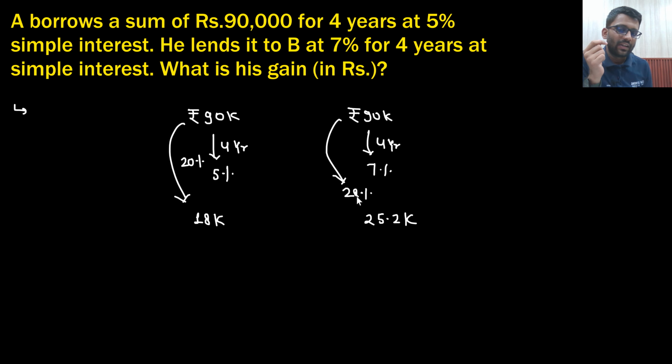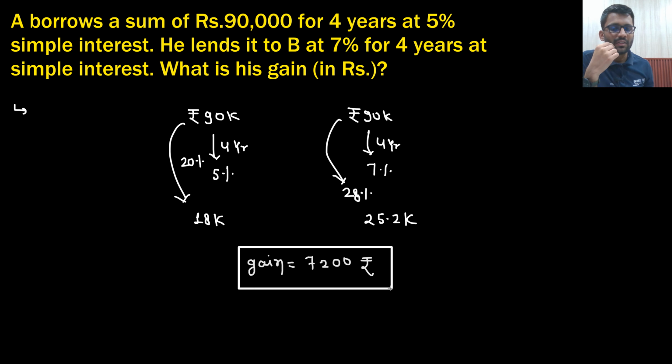So he is paying 18k interest and he is getting 25.2k interest. So what is his profit? What is his gain? Gain is 7.2k rupees.